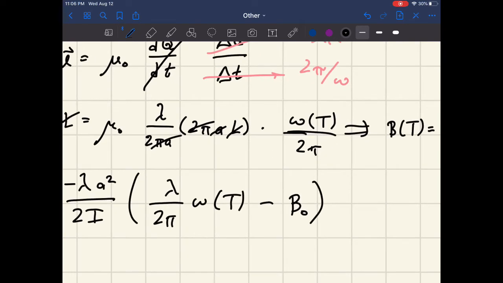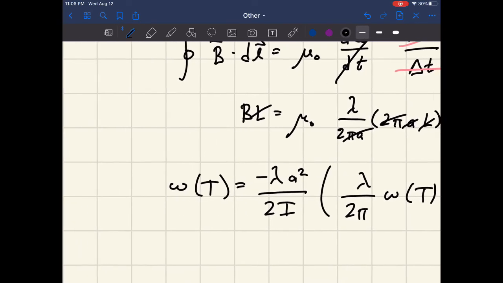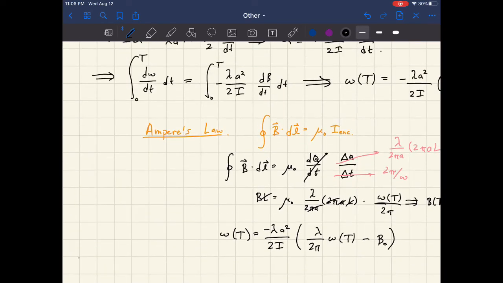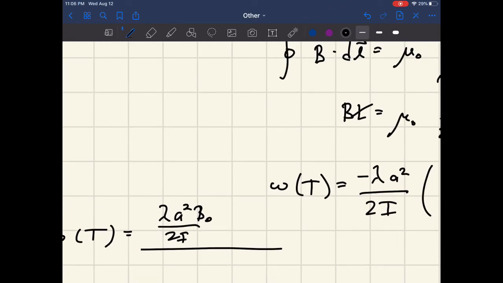Simplifying this out, we eventually get that omega of t is equal to lambda a squared B naught over 2I, all over, hold on, let me just pull this up for a second.